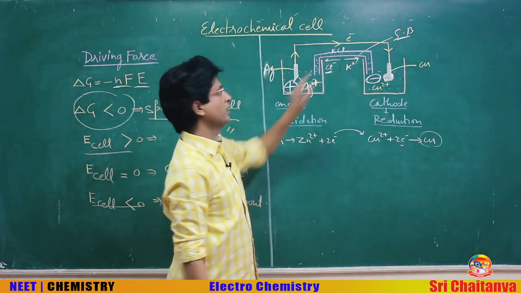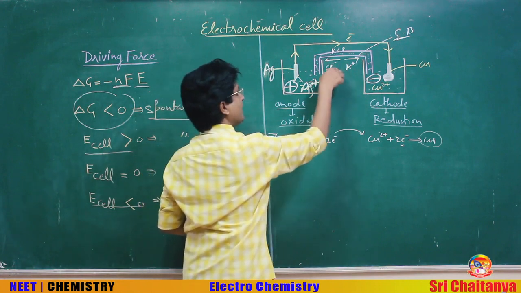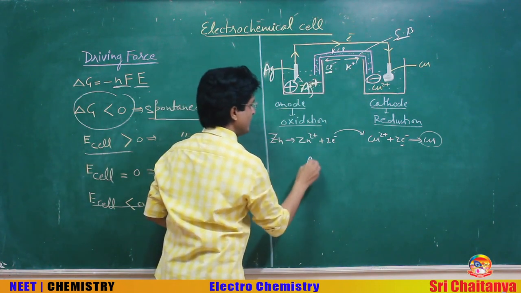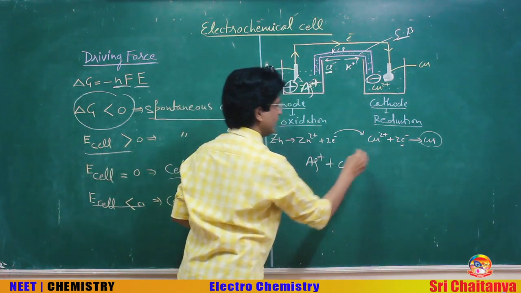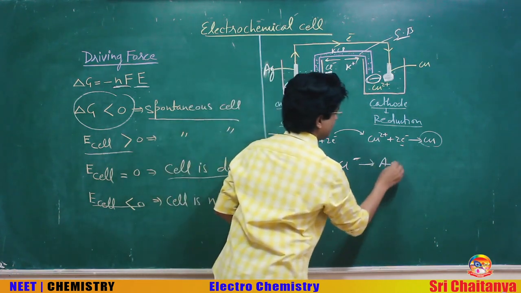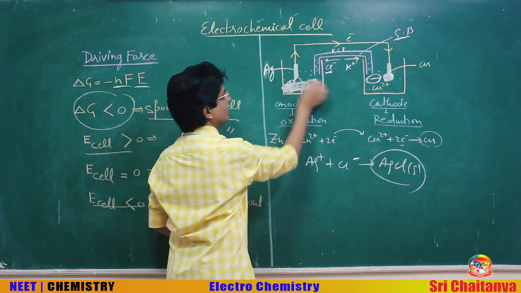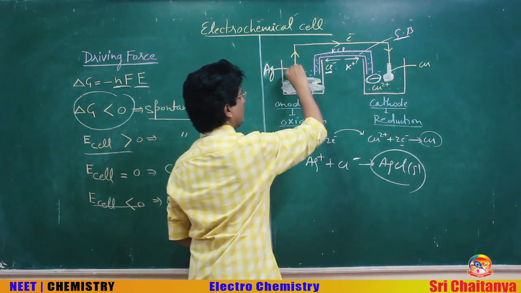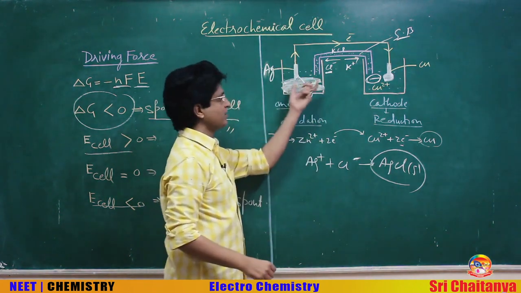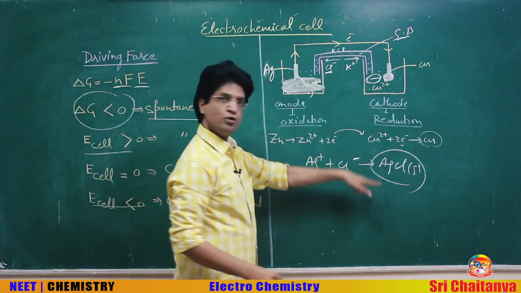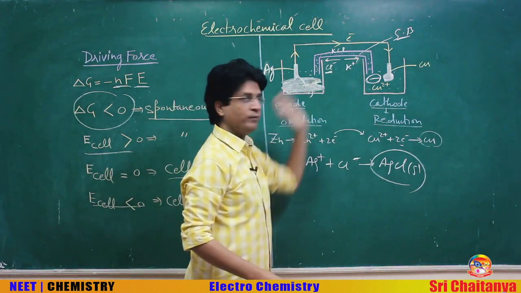I cannot use it. Why? Because when Cl ions come here, Ag plus will react with Cl ions to form solid AgCl. And if we have solid AgCl here, ions will not come into this solid part. Ions are stable only in solution, not in solid. So current will stop flowing.